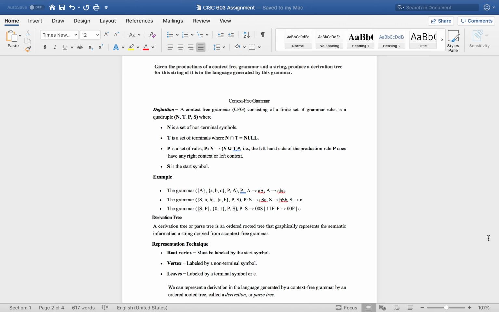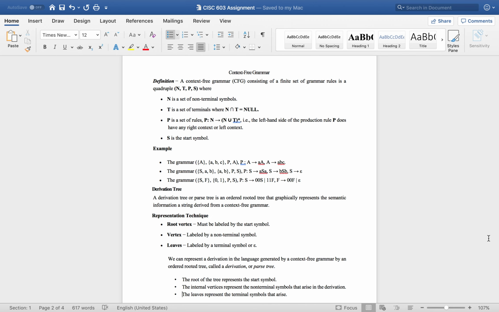Another example is the grammar with the set {S, A, B}, {a, b}, P and S. Here P contains S producing A, S producing B, and S producing epsilon. That is the way we can derive the context-free grammar definition.